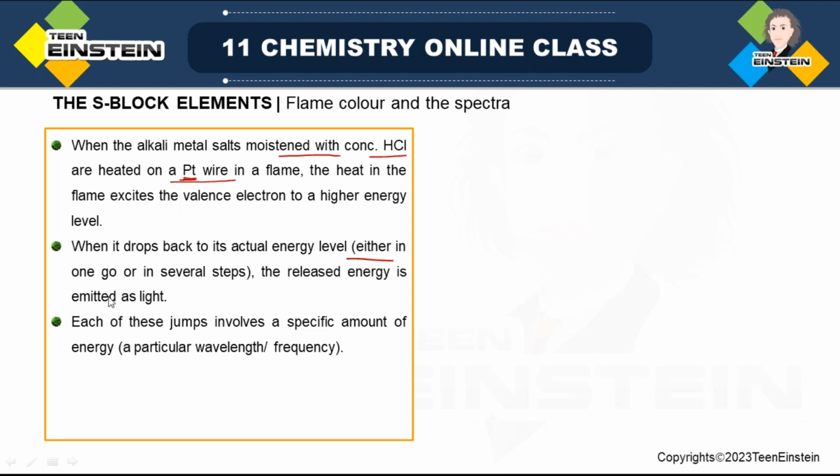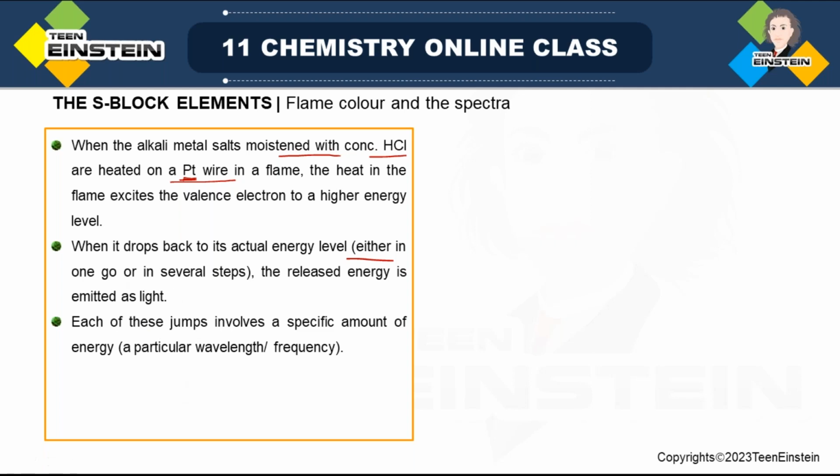Again, it may be in one go or in several steps, but whatever it is, if it is several, then also there is a specific amount of energy, which is the summation of all these movements. Suppose it is not in one go but in 3 steps, then there is some amount of energy for these 3 steps, a mixed frequency or wavelength.